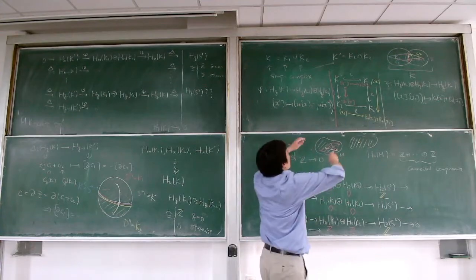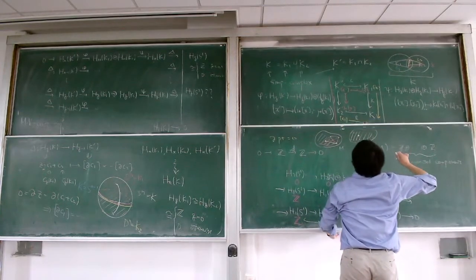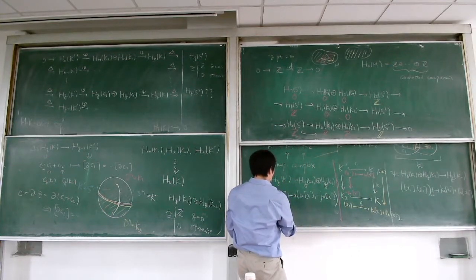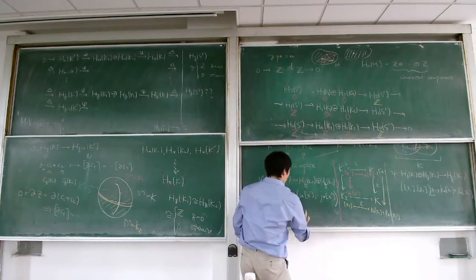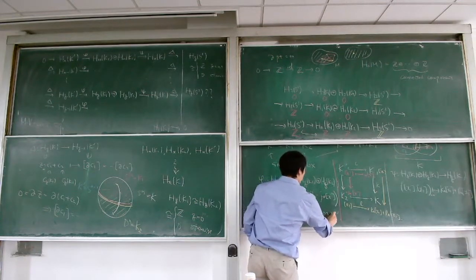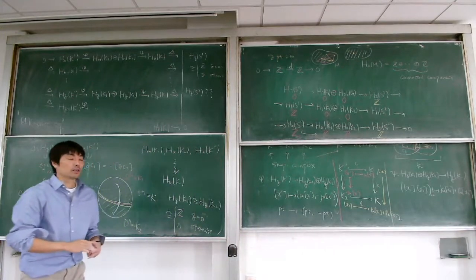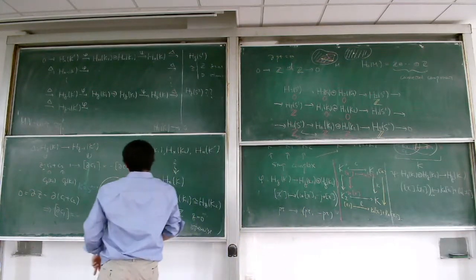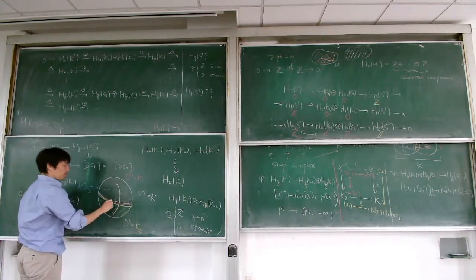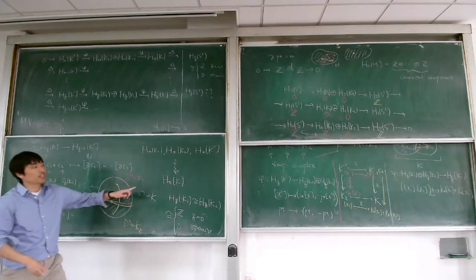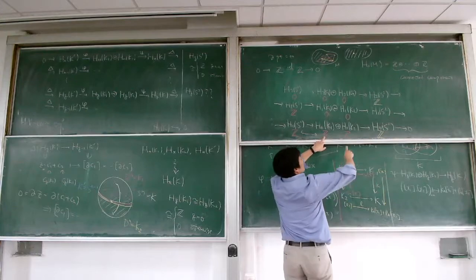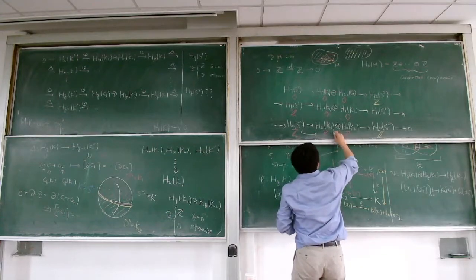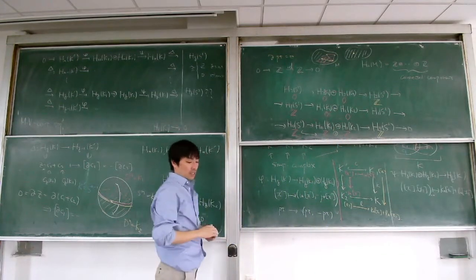As we know, this point is mapped to the identity, minus the point. So this point here is included inside Z plus Z.